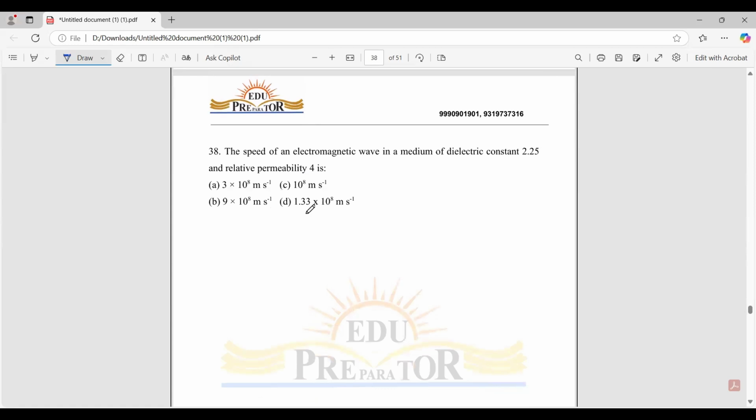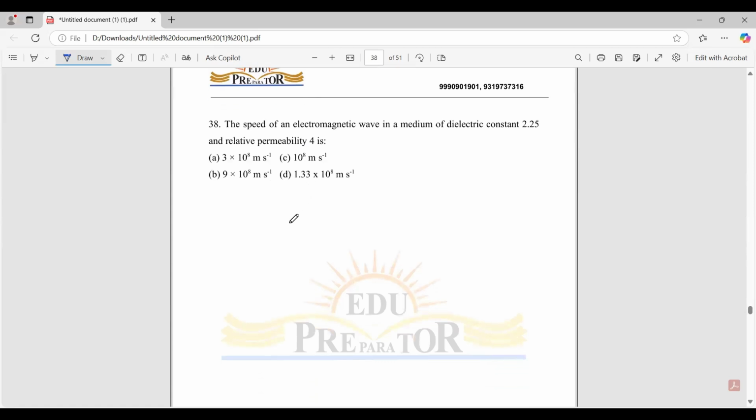Let us move to question 38. This is a question directly from electromagnetic waves, and it is very clear that the speed of an electromagnetic wave in a medium is equal to the speed of electromagnetic wave in vacuum divided by the square root of the relative permeability and relative permittivity of the medium.